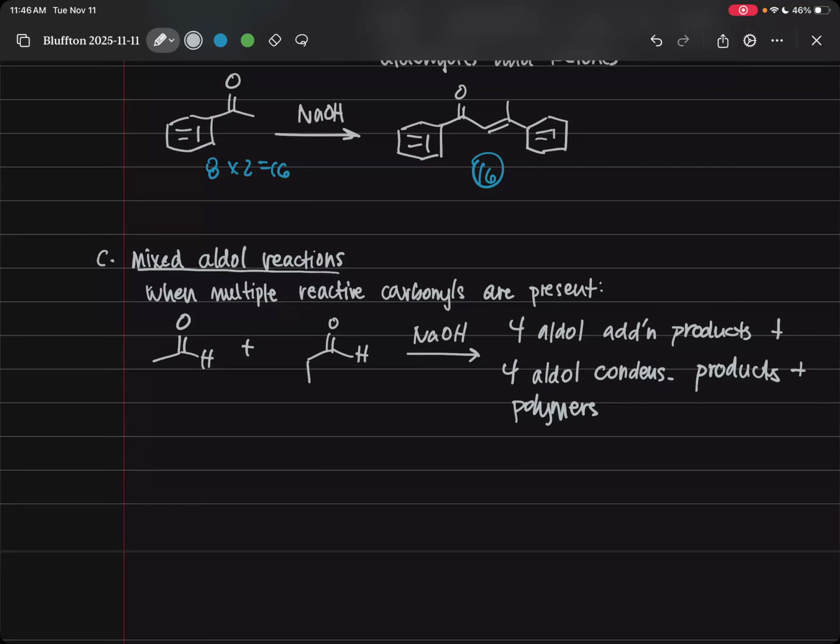Essentially, that means that if you're going to do an aldol reaction, doing it with two aldehydes like this is not a fantastic idea. You're going to get a bunch of different things. And so there's a couple of things that you can do to sort of make everything chill out.